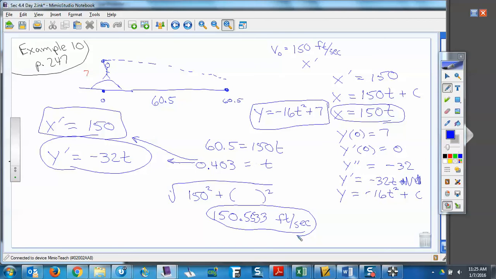So if you look at your assignment sheet, we're jumping around a little bit. I've kind of changed the order of things. So what we're in is 4.4. So the homework today is 4.4.